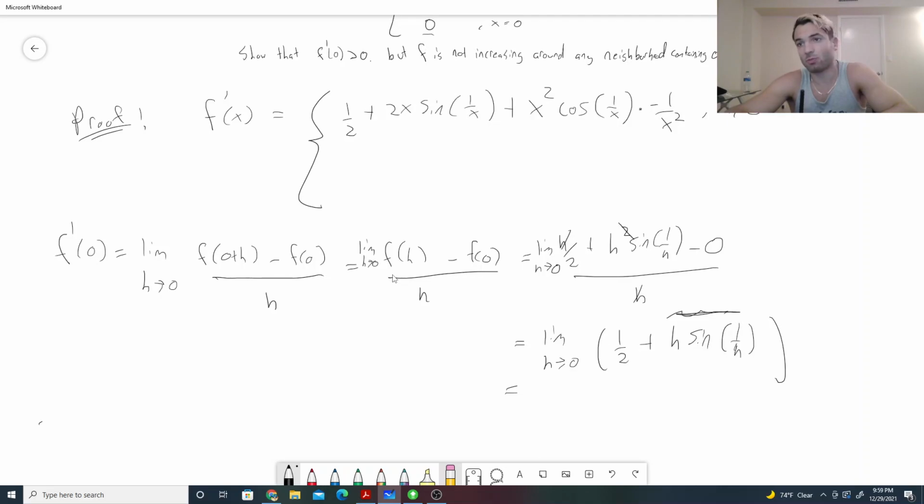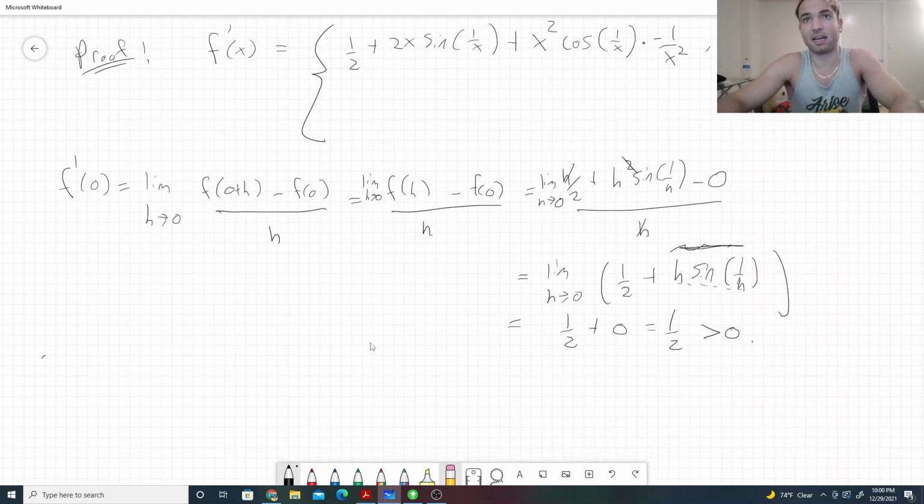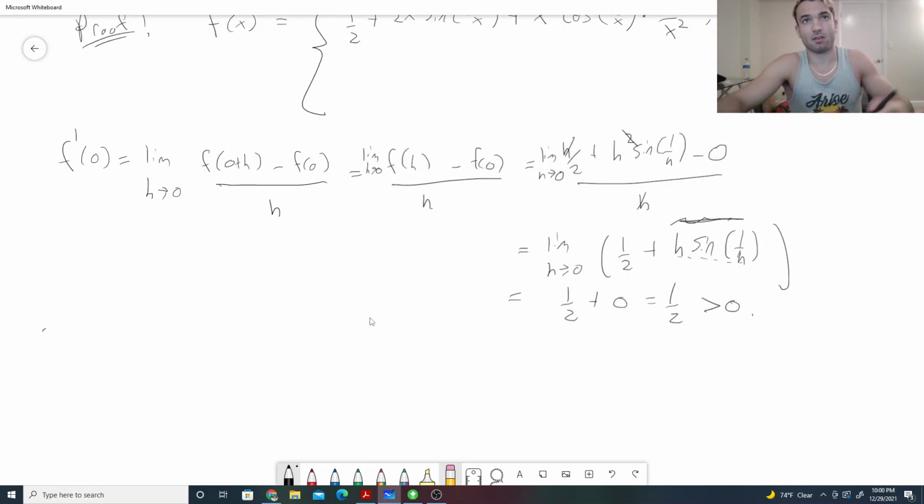So when you multiply by h, as it goes to 0, this thing goes to 0 by the squeeze theorem. It's equal to 1/2 plus 0, which is 1/2, which is certainly greater than 0. So this proves the first part, at least, that f prime of 0 is equal to 1/2.